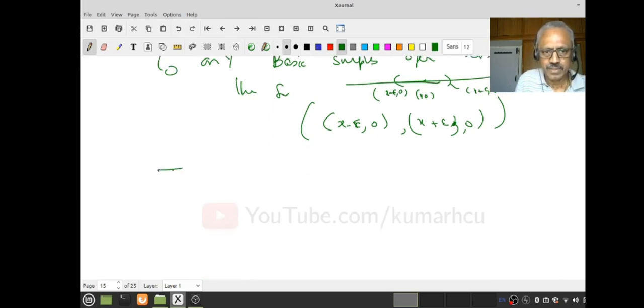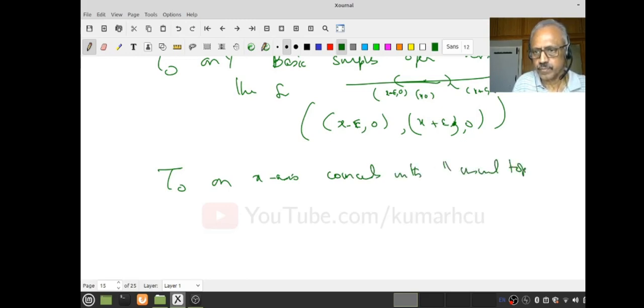Therefore, tau O on the x-axis coincides with the usual topology. What do I mean by that? On R2 I have the usual topology, right?